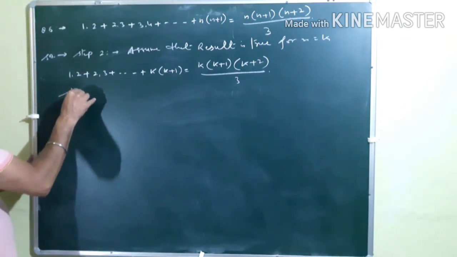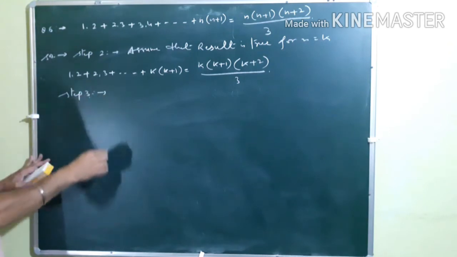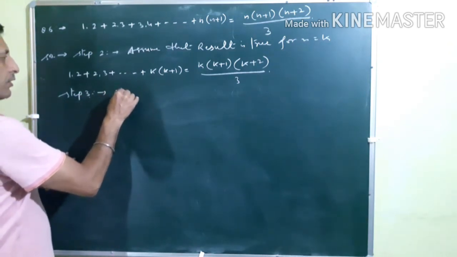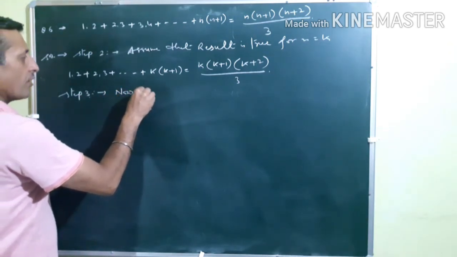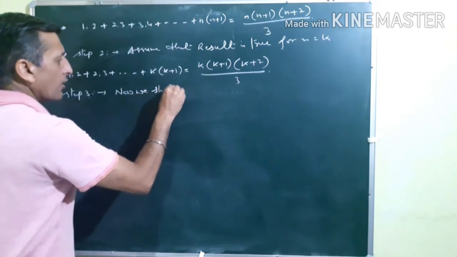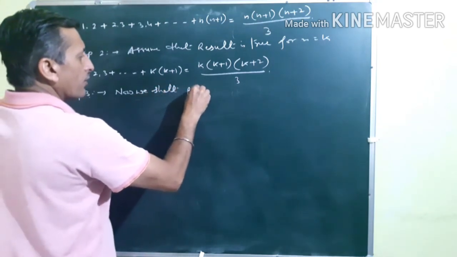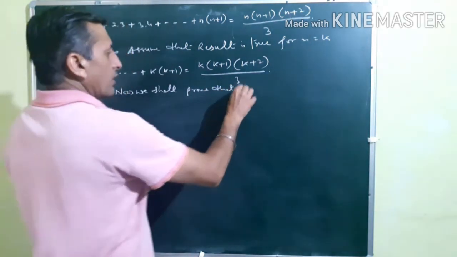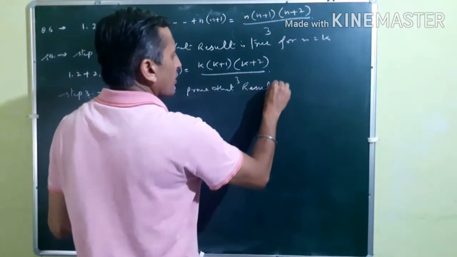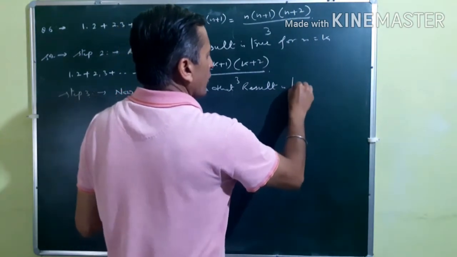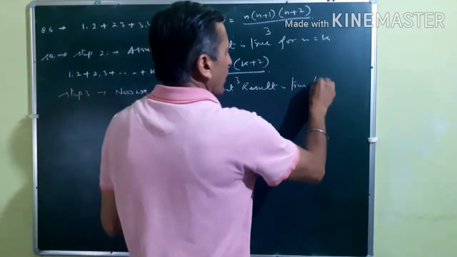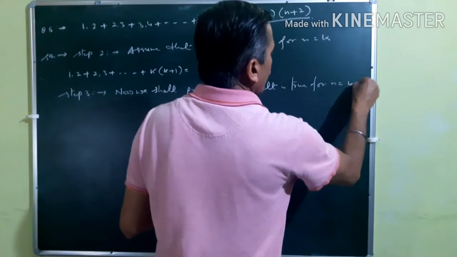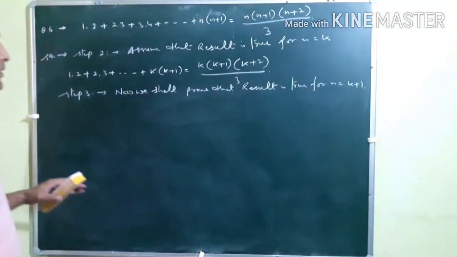Now step number 3. Now we shall prove that the result is true for n is equal to k plus 1. Means what was the concept?